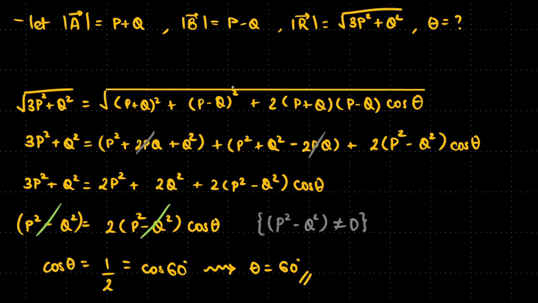We can do this because we know that P plus Q is going to be a positive number, and P minus Q is the only thing that can lead to 0. So if P minus Q is 0, this is going to be 0, or if not, this is not going to be 0. The fun fact about this is, we know that B is not going to be 0, since the resultant is not 0.